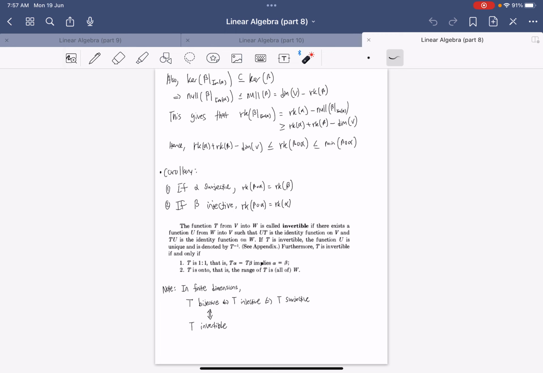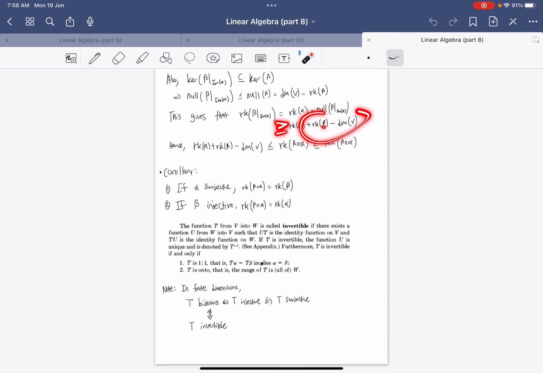This gives that the rank of beta restricted to the image of alpha equals the rank of alpha minus the nullity, which is larger than or equal to the rank of alpha plus the rank of beta minus the dimension of V, since this nullity bound gives the greatest subtraction that you can have.